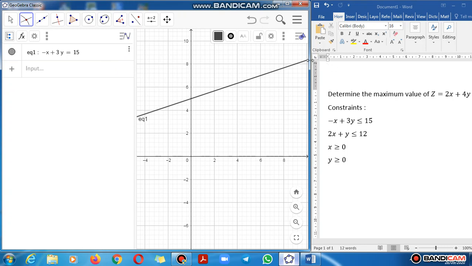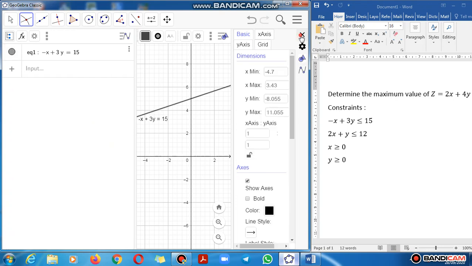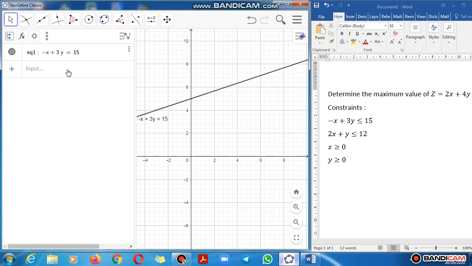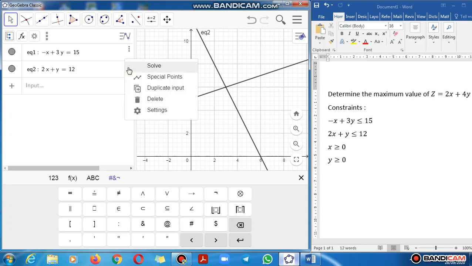Then we get the equation line and we give it a name. Then input the second equation. We have 2x plus y equal to 12, and then we give the name of the line equation.